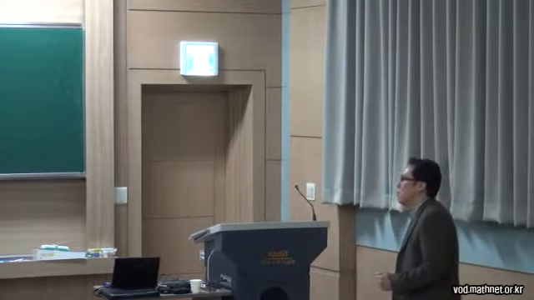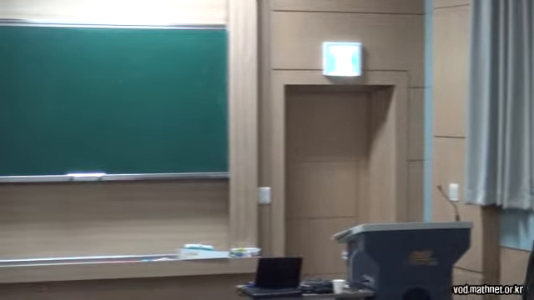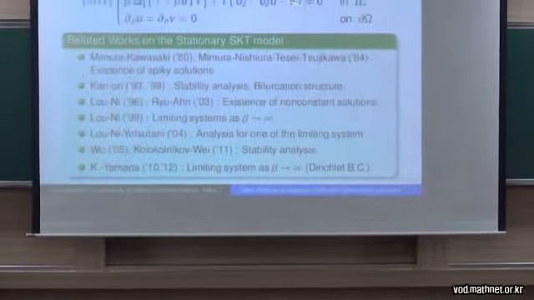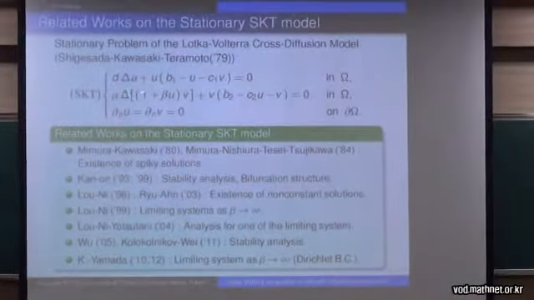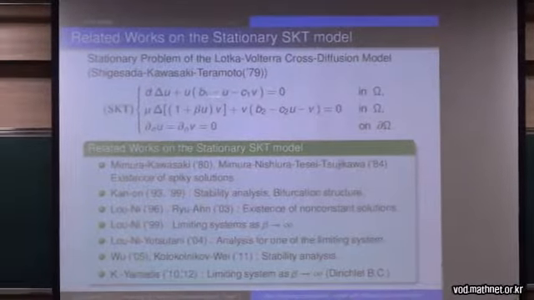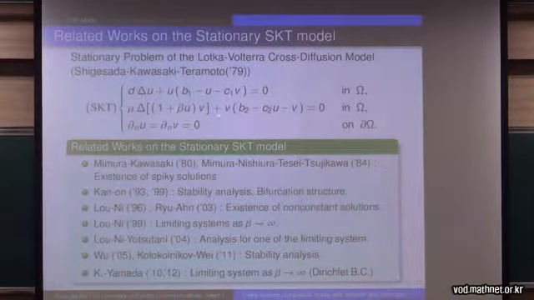Okay, before starting these topics, I should refer to a related famous problem. Okay, this is a very similar problem which consists of the same Lotka-Volterra competition term and linear diffusion term, and moreover, this is slightly different. This is the cross diffusion term Laplacian you put here.